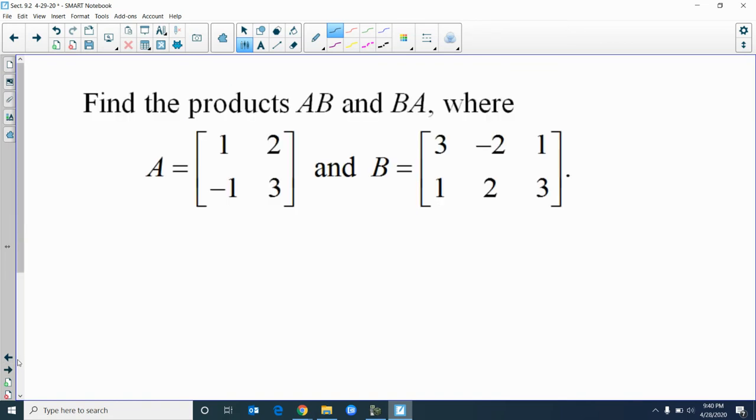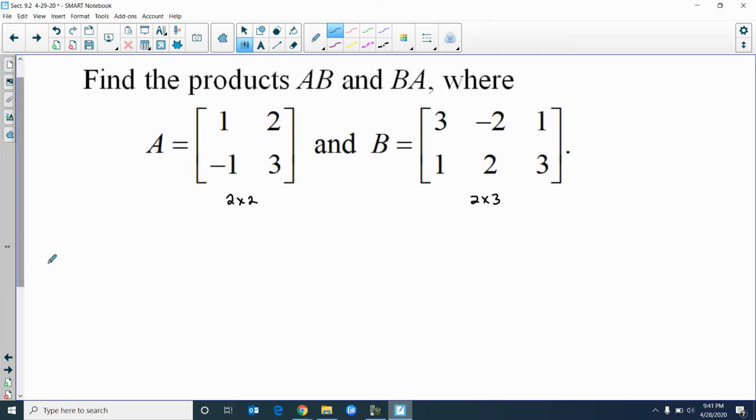All right, let's take a look at a case here. It says find the products AB and BA, where A is a 2 by 2 and B has 2 rows and 3 columns, so 2 by 3. Okay, now AB, the product.